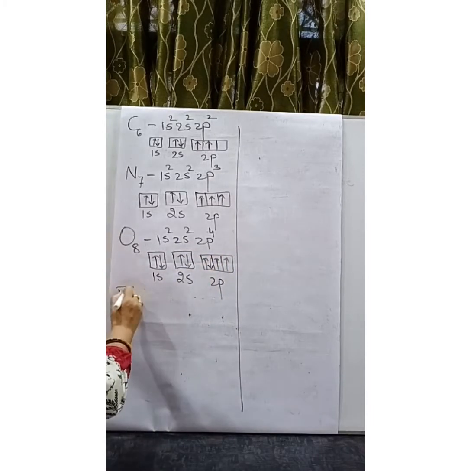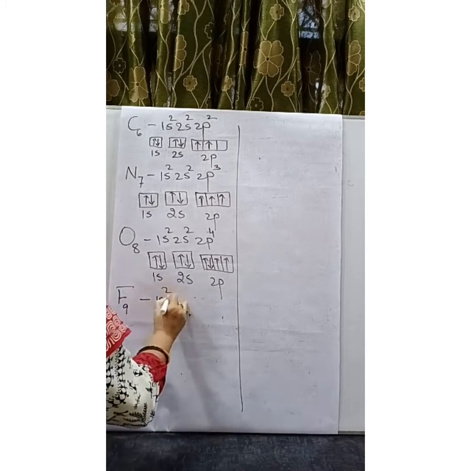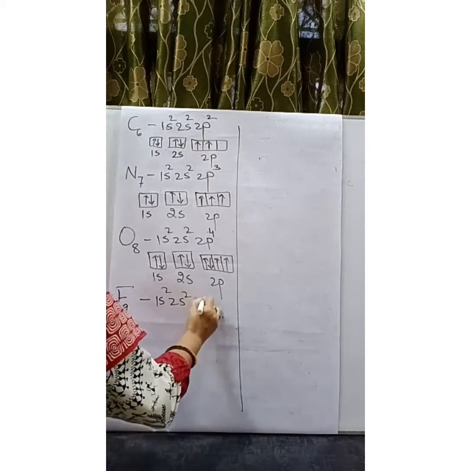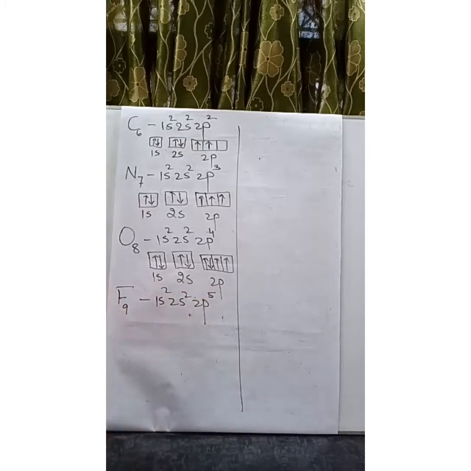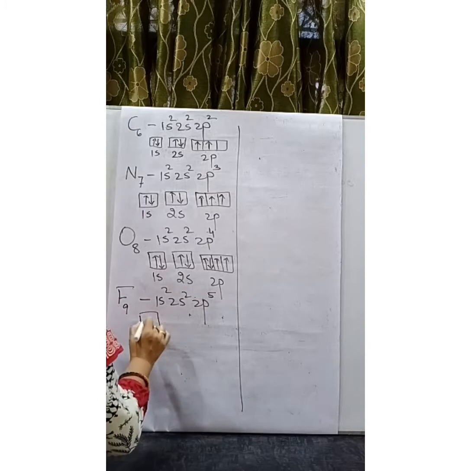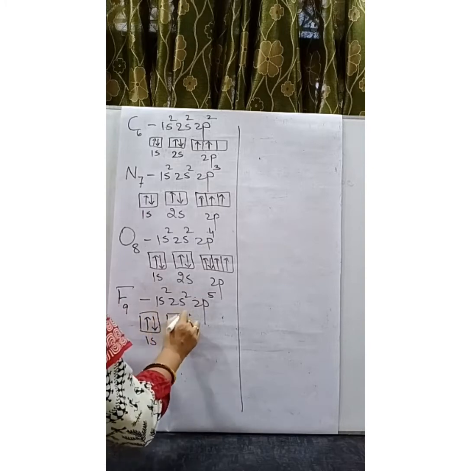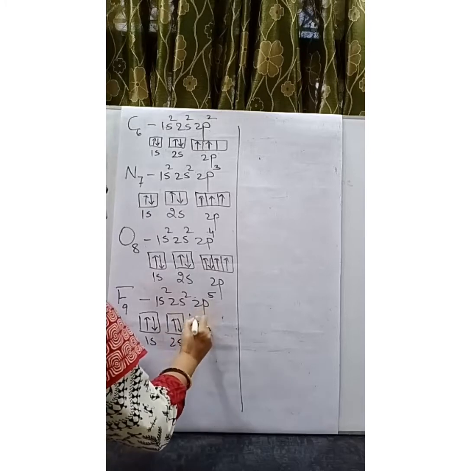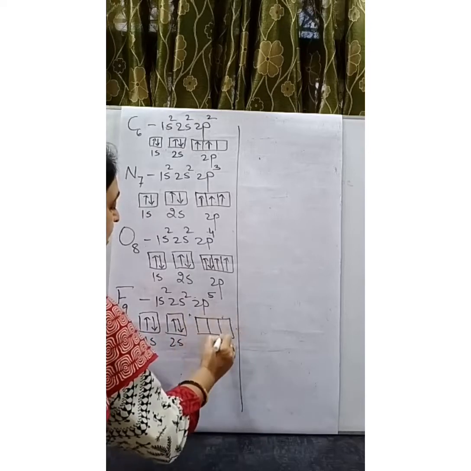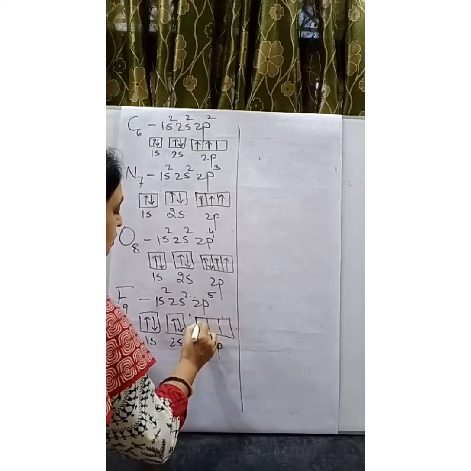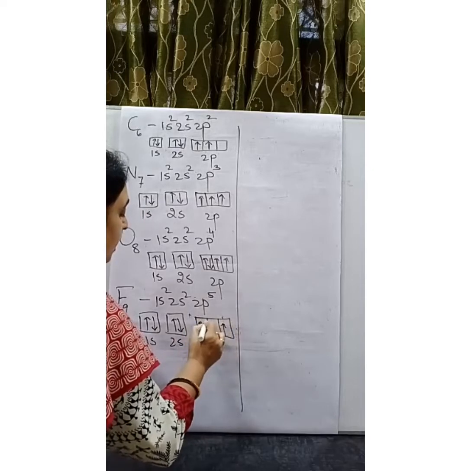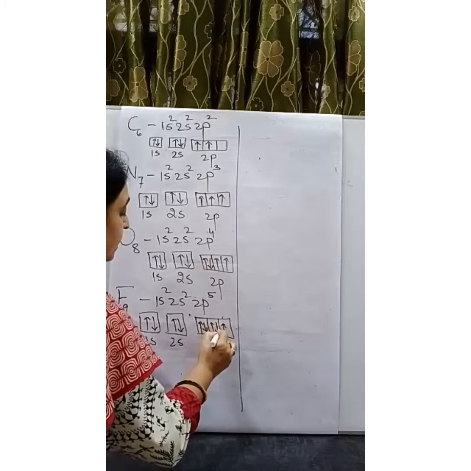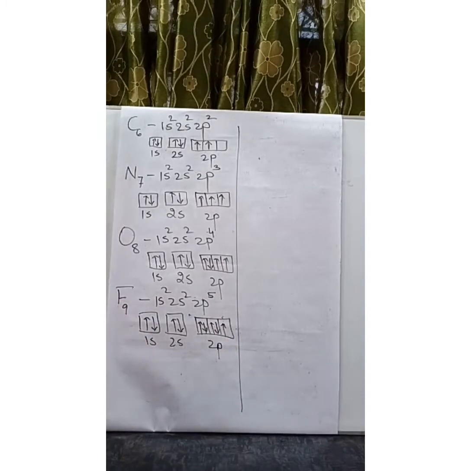After this we have fluorine, atomic number 9: 1s2, 2s2, 2p5. In the orbital diagram, 1s has 2 electrons, 2s again 2 electrons with opposite spin, and for 2p you have to draw 3 boxes. So 1, 2, 3, the 4th with opposite spin and the 5th with opposite spin.